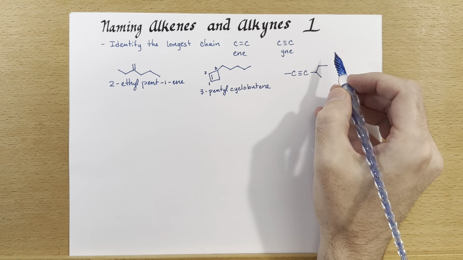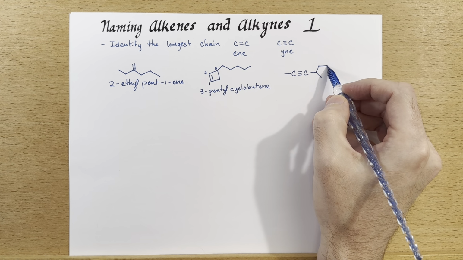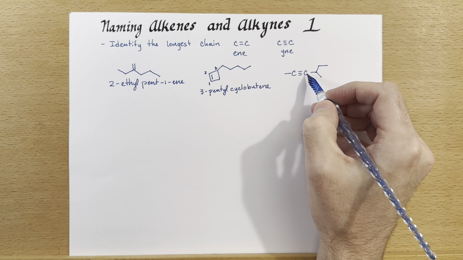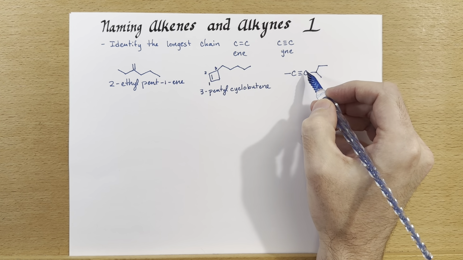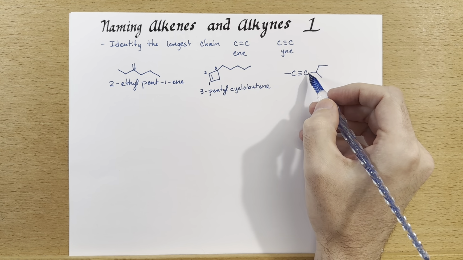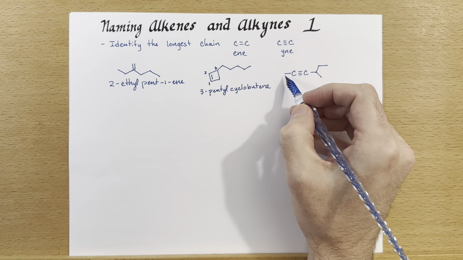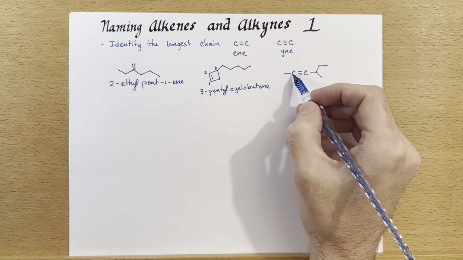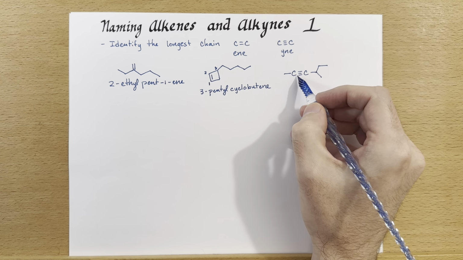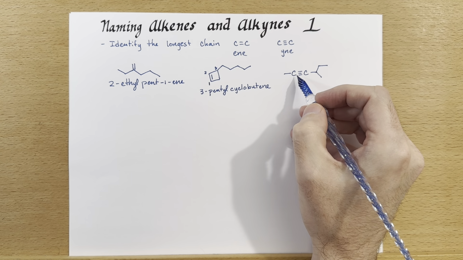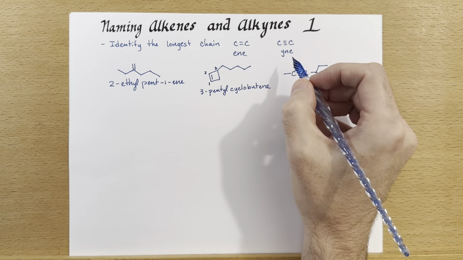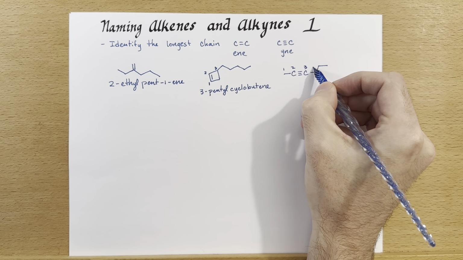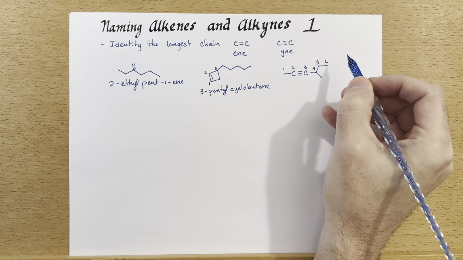Now, where do we start counting? Well, if we start from here, 1, 2, 3, 4, we first encounter a carbon as part of the triple bond on the 4th carbon. If we start counting from this side, we go 1, 2, 3, we encounter the yne on this 2nd carbon. So this must be numbered in this direction. Like so.